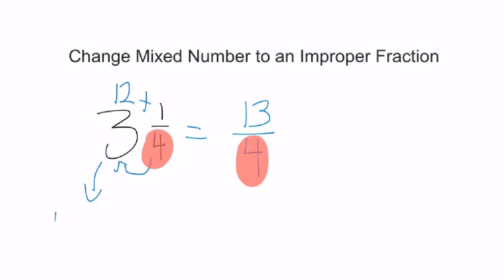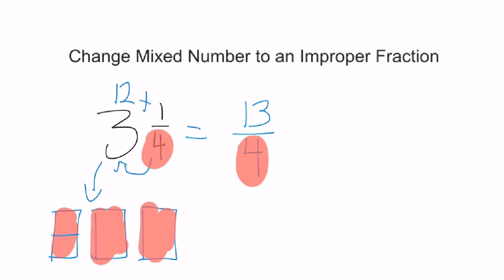If we think about our whole, it's 3 whole sections that we already have. And if we took those whole sections and split them into fourths, that would account for 12/4, as we found by multiplying, and then add our one numerator on for 13/4.